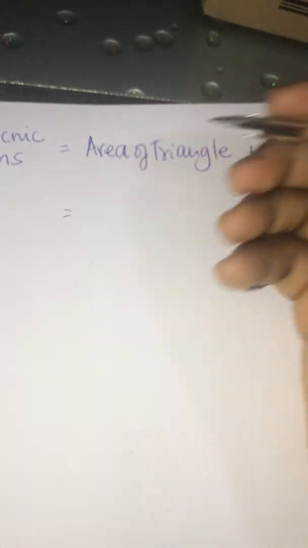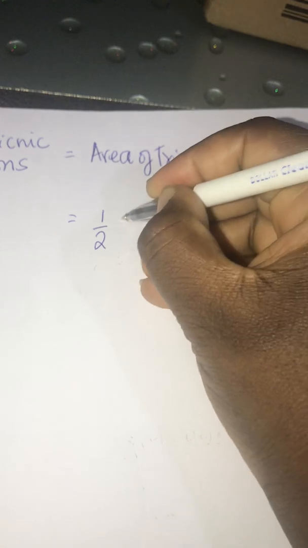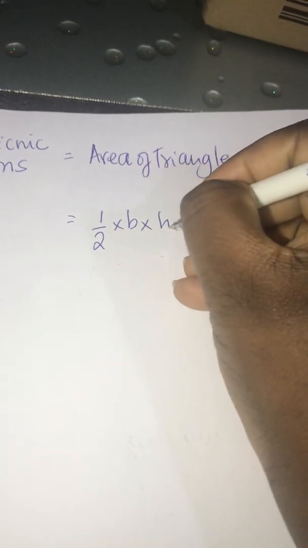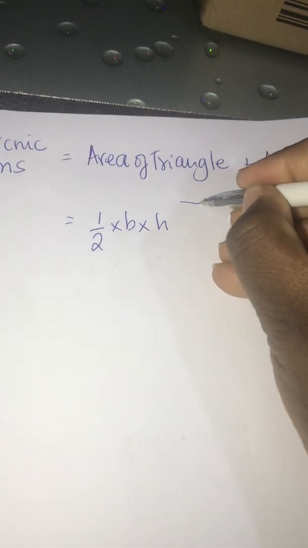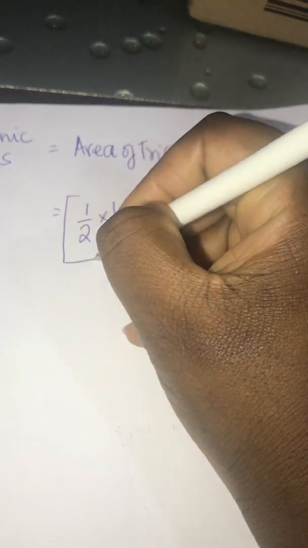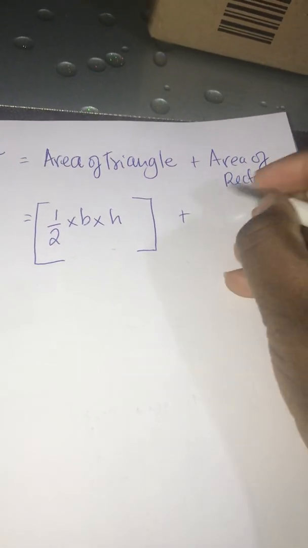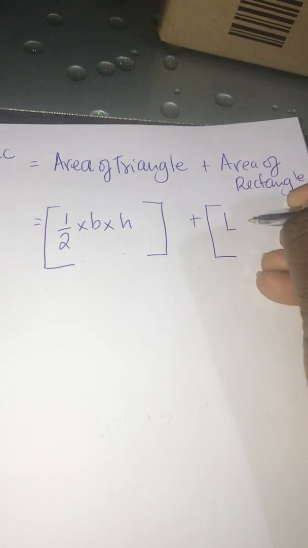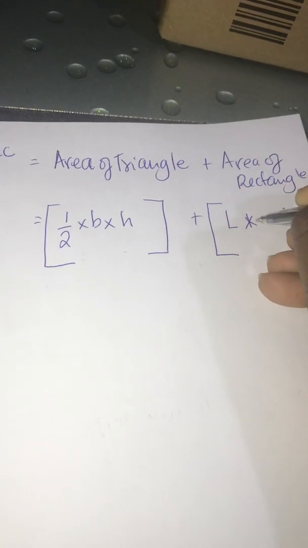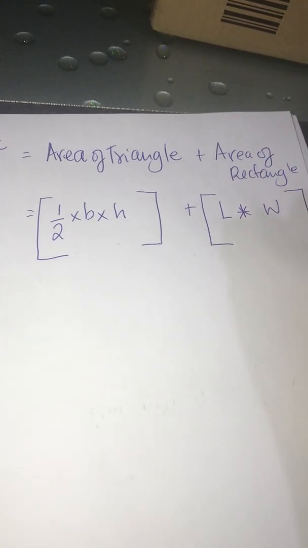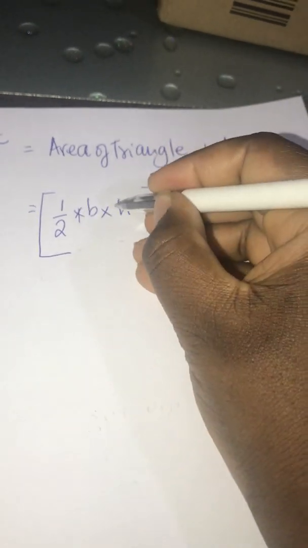How do you find area of triangle? 1/2 times base times height. So you'll do this part first. And then, how do you find area of a rectangle? Length times width. Okay? So those are two things you need to do.